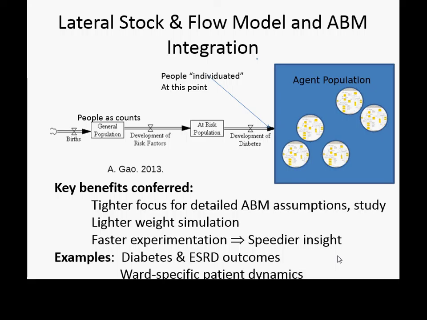That upstream population, while it's of interest in feeding this, we don't need to represent all the vagaries of it, all the different contexts that may be applying there. We'll represent them in a rough and ready way with a system dynamics model, and then they flow and become agents. And remember, one of the arguments I had for this sort of modeling is adaptivity.